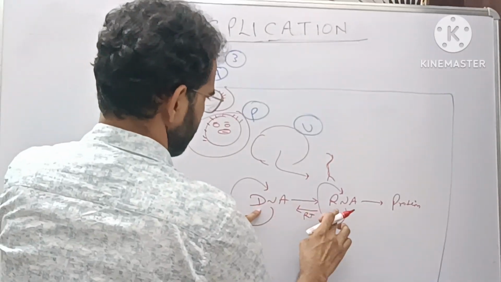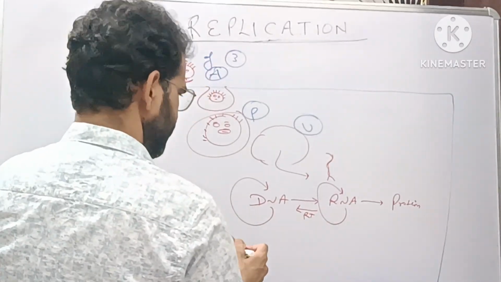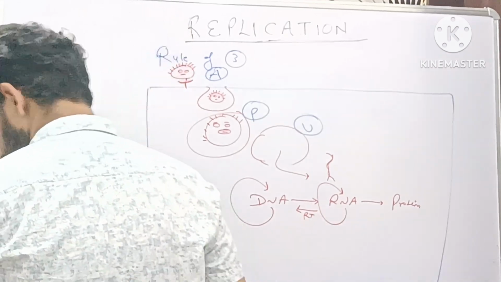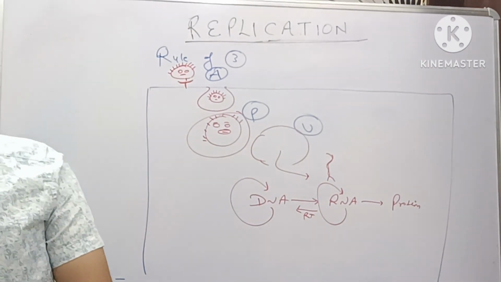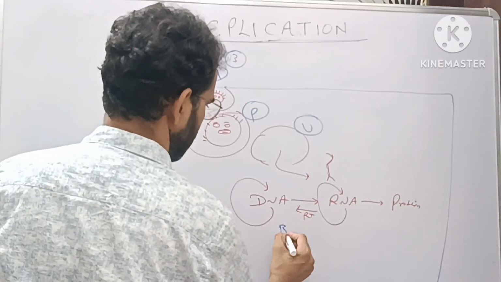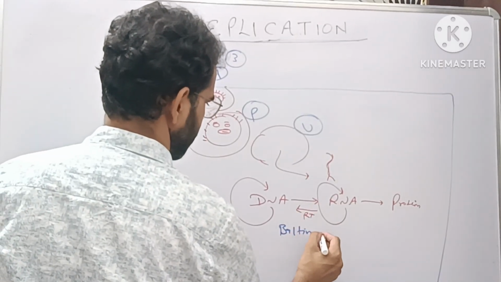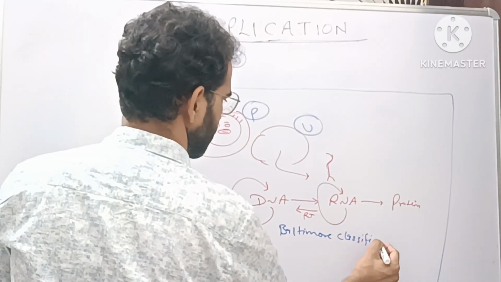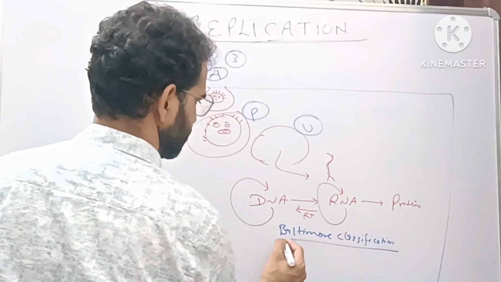So DNA and RNA, 2 types of viruses as we know, according to which classification? According to the Baltimore classification.